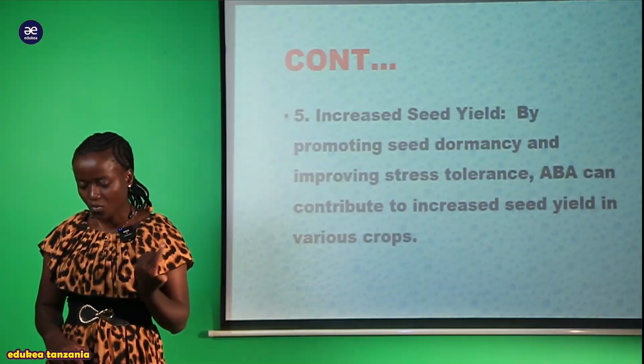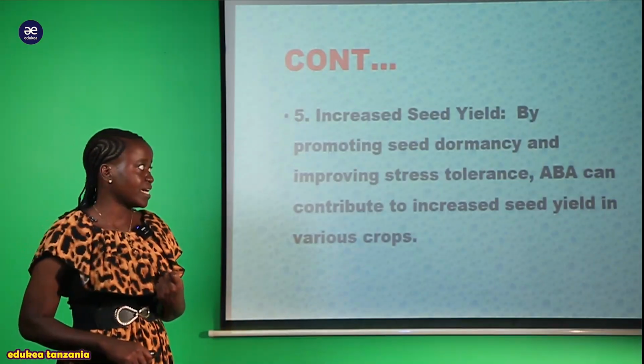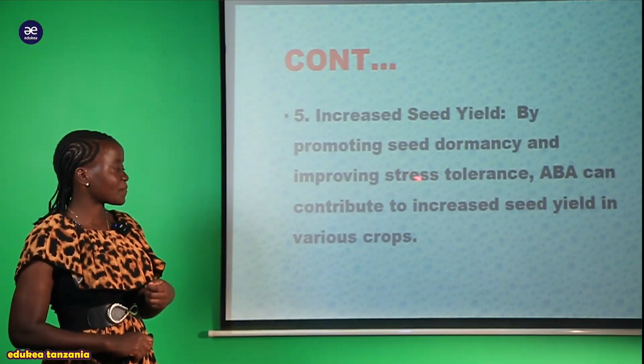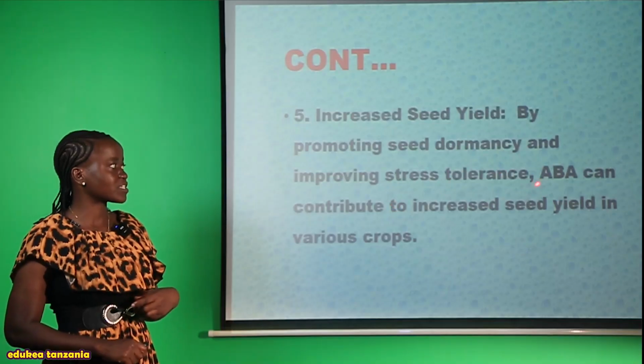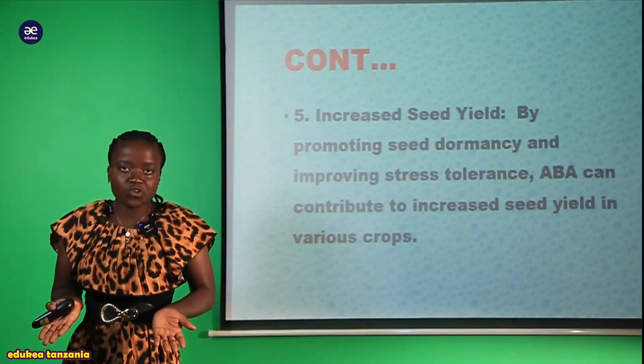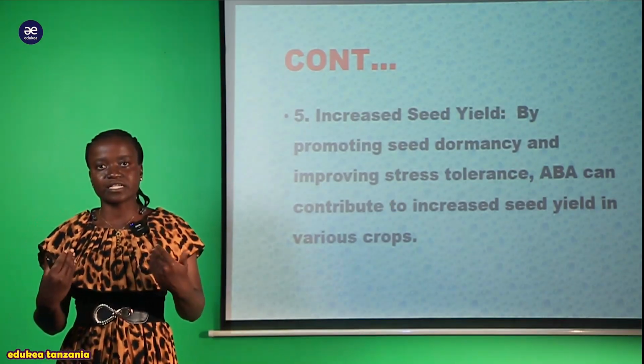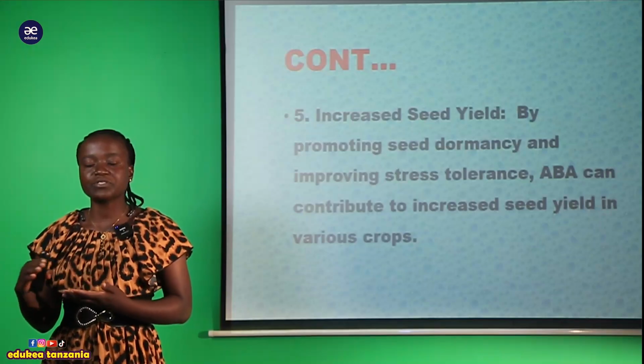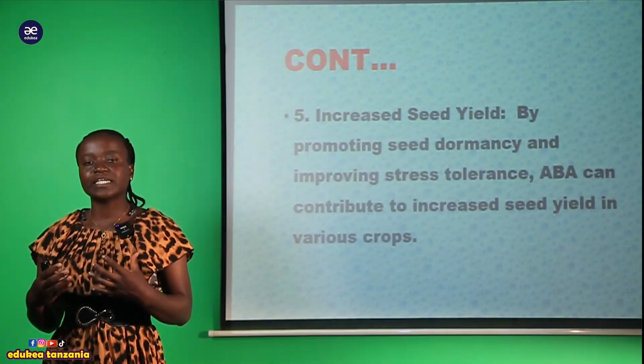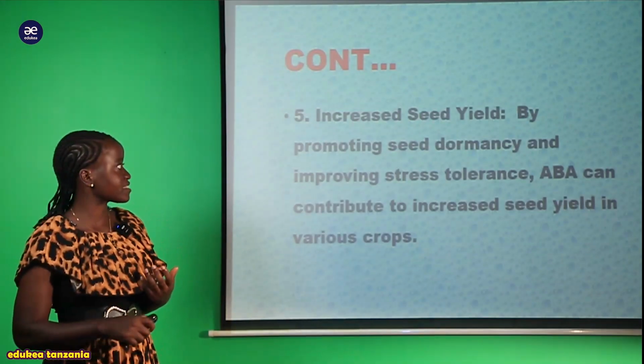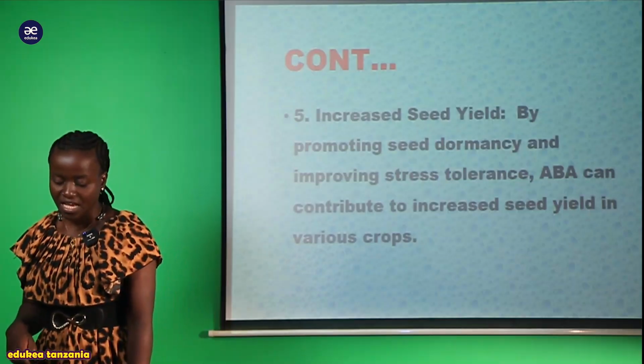Kwa hiyo sasa kwa kuwepo kwa hii ABA, ndio ambayo ina promote seed dormancy and improving stress condition. Kwa after a stress condition, thereafter the seeds which are produced at that time will be preserved, and hence we can say that increase the seed yield.